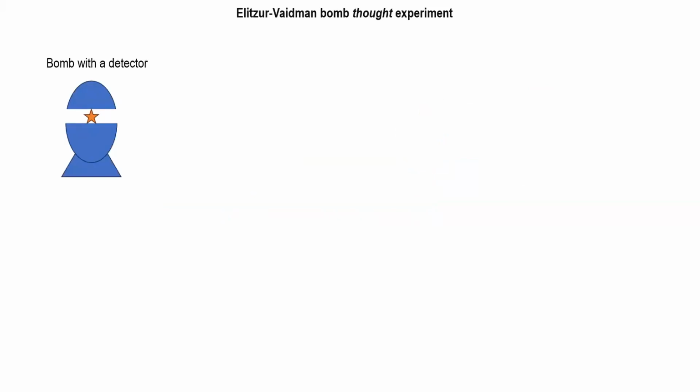So as a consequence of this single particle interference, there is the famous Elitzur-Vaidman bomb tester experiment. Let us consider a specific bomb that can explode or not, depending on whether the bomb is defective or operational. The bomb is assumed to have a detector, shown here by this star.